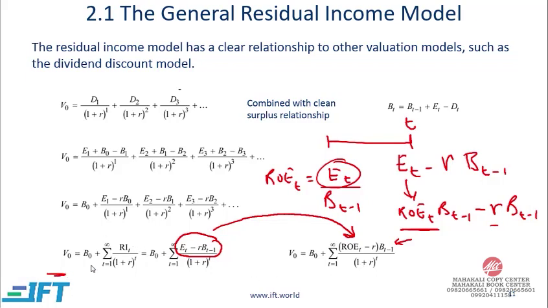Your value is equal to book value plus the summation of the present value of all residual incomes. Residual income can be written like this, and residual income can also be written like this: the difference between ROE and the required return multiplied by the book value at the start of the period. So you can either derive the three or you can just memorize all three.